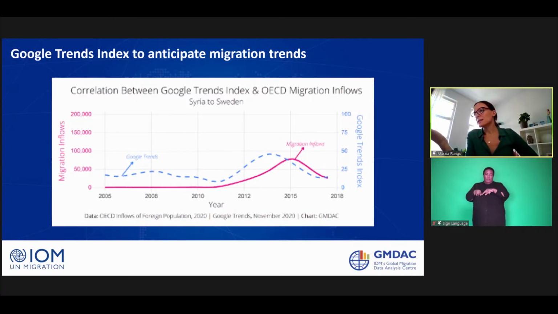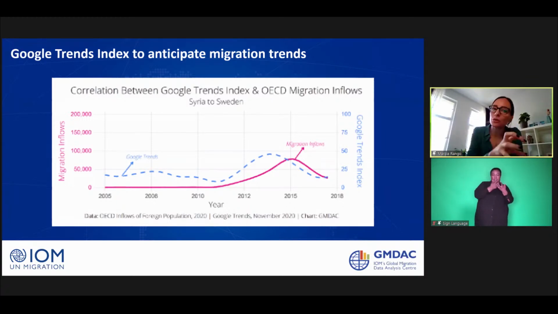And so we noticed that in some cases, there's a pretty good correlation, or at least these trends are quite similar between the Google searches of migration and asylum related terms and following official migration statistics on flows for the following years, such as the example of Syria to Sweden for particularly the period from 2012 to 2018.